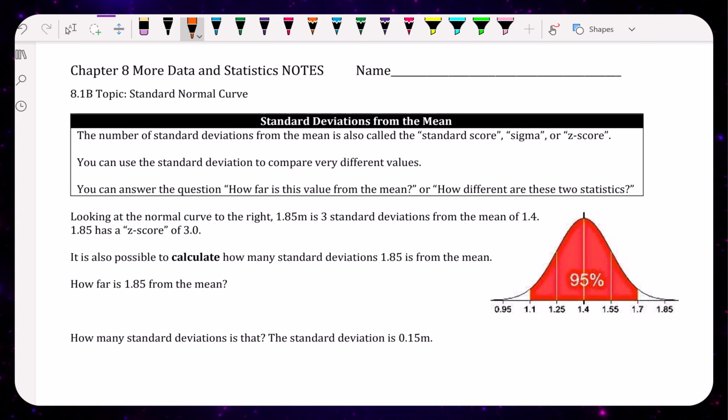Now, the reason why we want to standardize our normal curve is we want to figure out how far the value is from the mean, or you want to ask yourself how different are these two statistics. So sometimes you may want to compare an ACT score to an SAT score because those are two different tests.